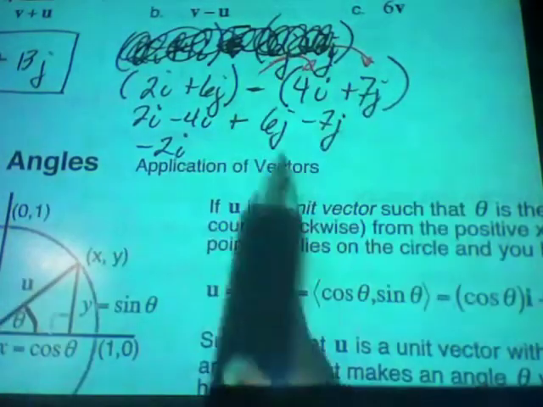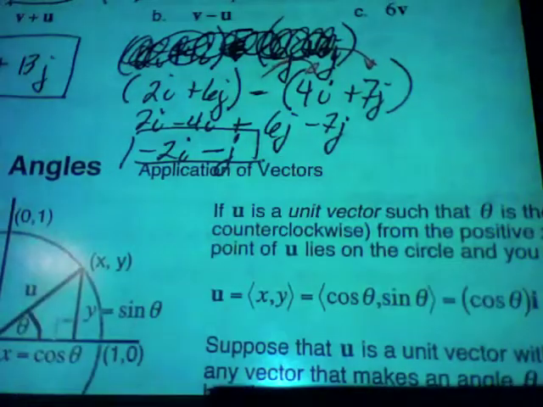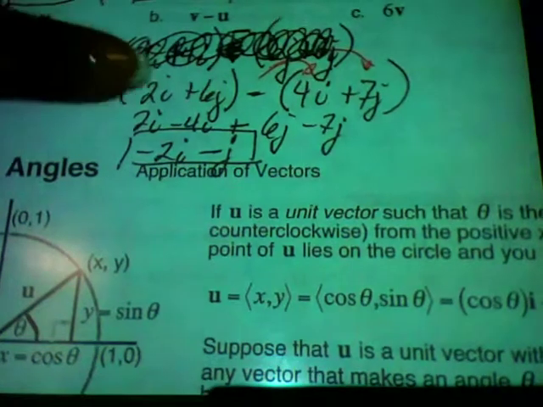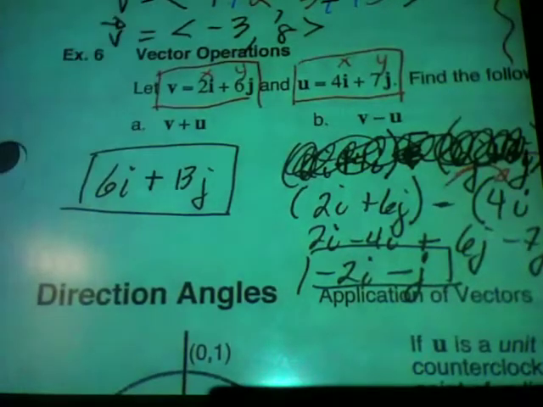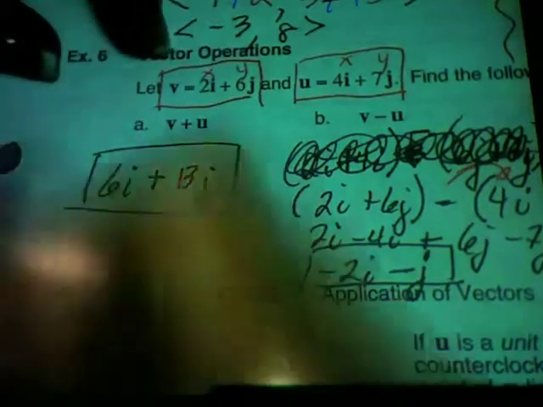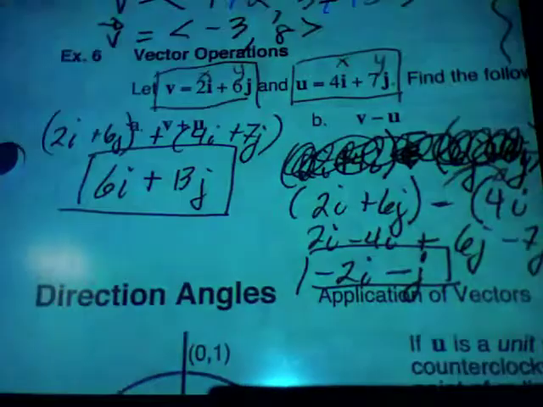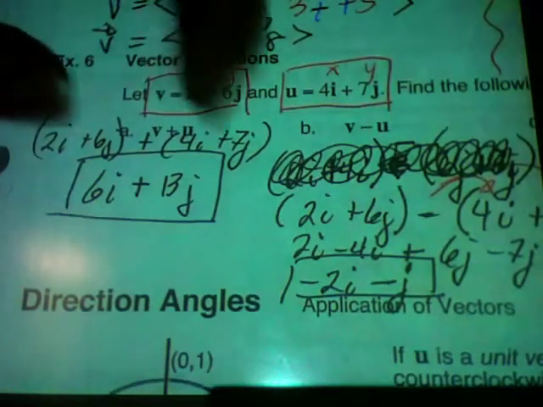So I really have a negative 2i, and then this gives me a negative j. And again, all I did was take v minus u. If I did v plus u, my v would have been 2i plus 6j, plus 4i plus 7j, and you're just adding like terms, right? So here's your i's, and here's your j's.